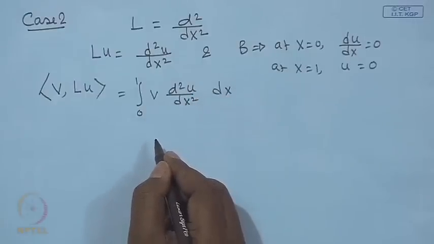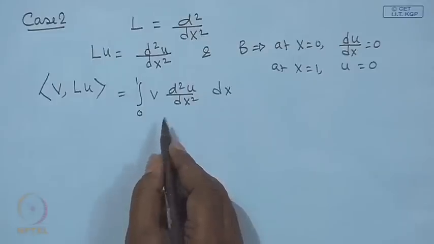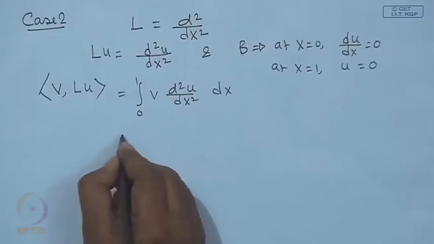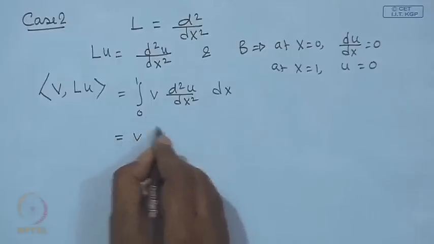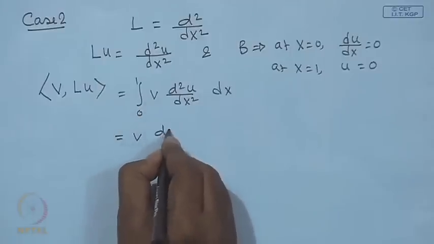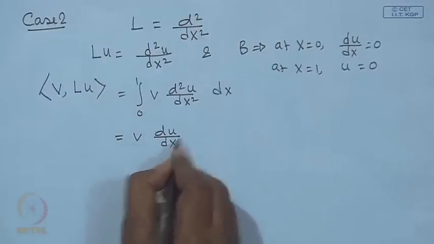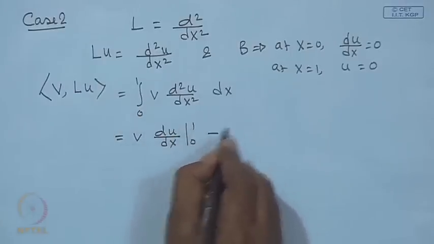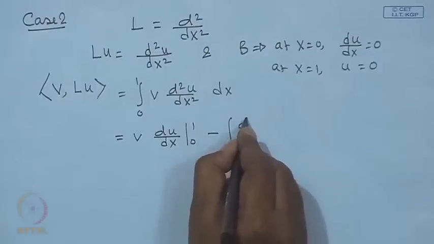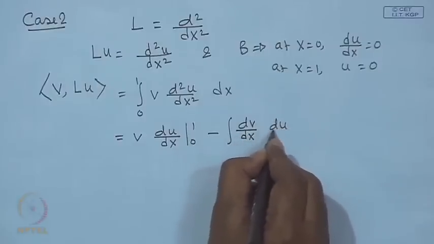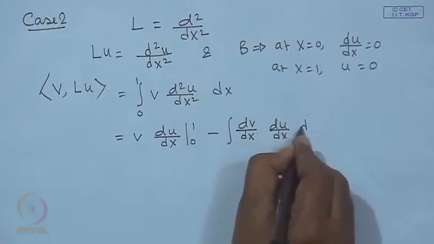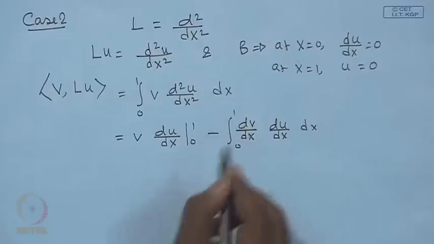So, again we proceed the same way, we take recourse to the integration by parts. So, this will be first function integration of the second function 0 to 1 minus differential of first function, that is dv dx, integration of the second one du dx dx from 0 to 1.